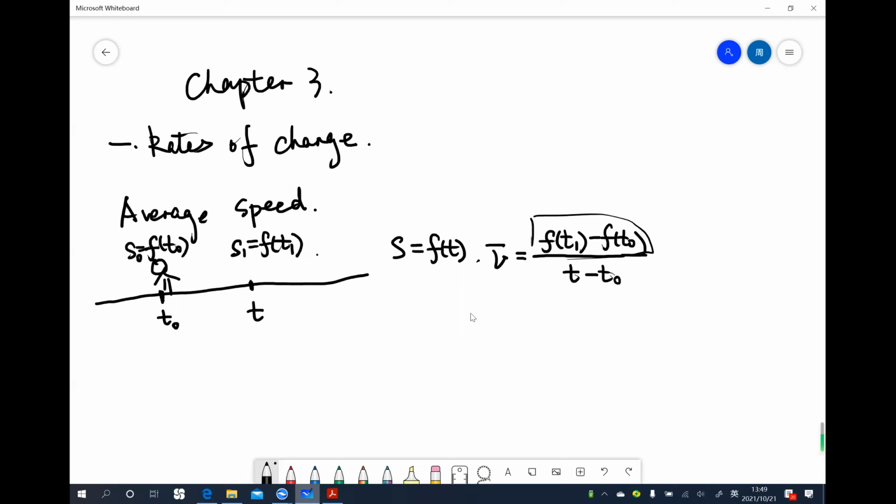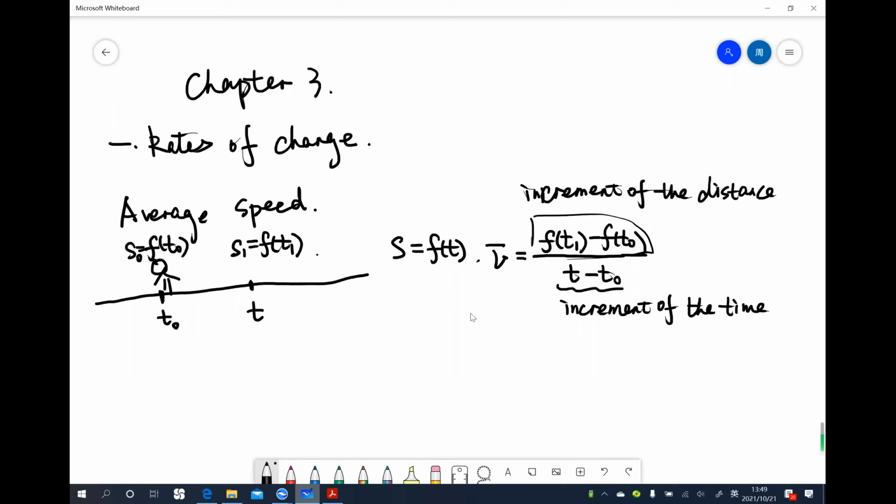We have learned the increment of the function, or the distance. And this is the increment of the time. If I use the increment of the distance over the increment of the time, then we can know the average speed.